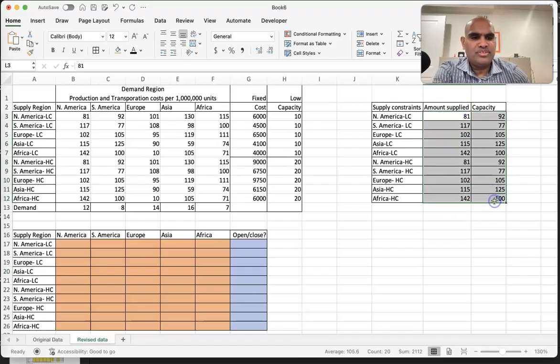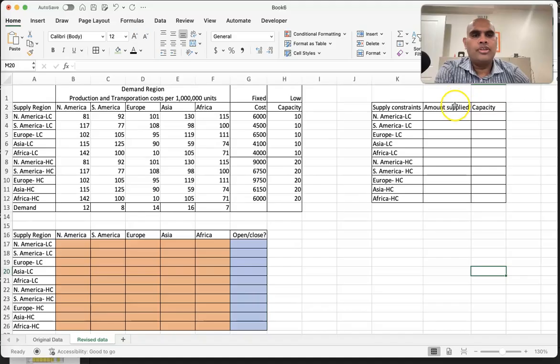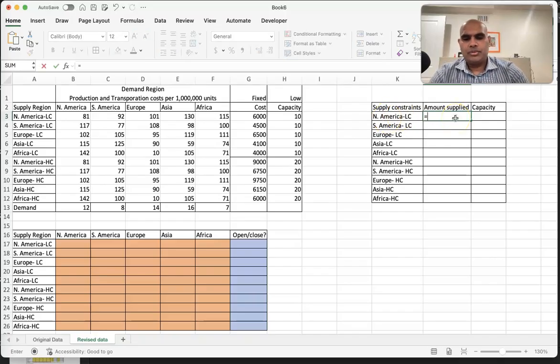Right here, none of these numbers matter, so I'm going to get rid of that. So the amount supplied. What is the total amount of units that are supplied out of the low capacity plant in North America? The way you do that is simple. The total number of units supplied out of North America is going from the North America low capacity plant to the North American region, to the South American region, to the European region, to the Asian region, and to the African region, right?